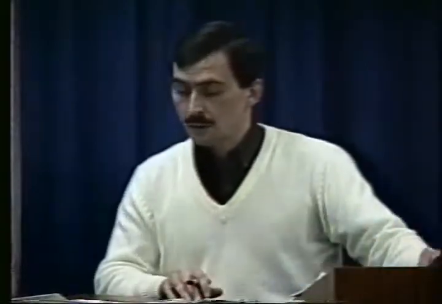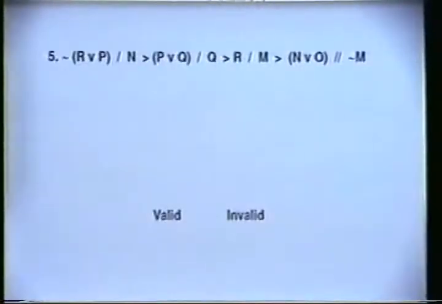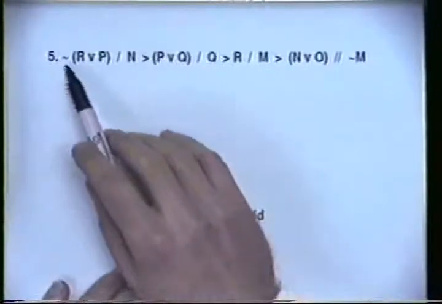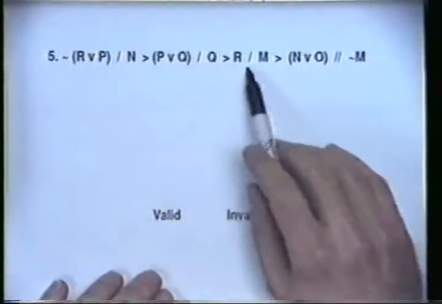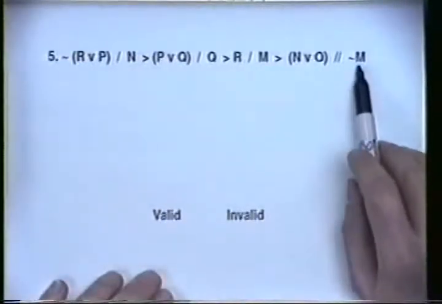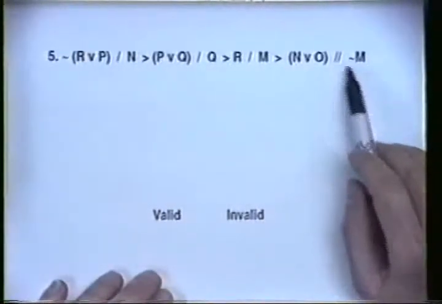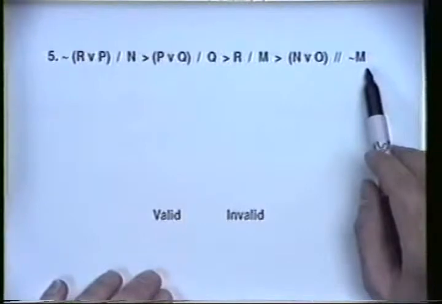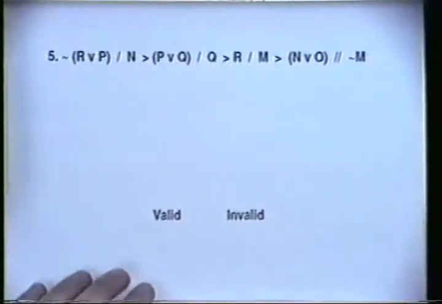So let's get a problem up here and see how this method works. All right, here's our problem. Notice we've just simply stated the 4 premises here next to each other, separated them with a single slash, and the conclusion of the argument is separated from them with a double slash, so the conclusion is not M. Now reflect upon the concept of validity again for a moment.